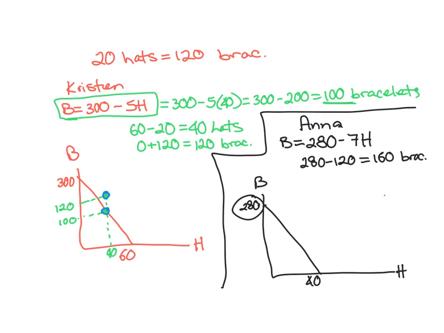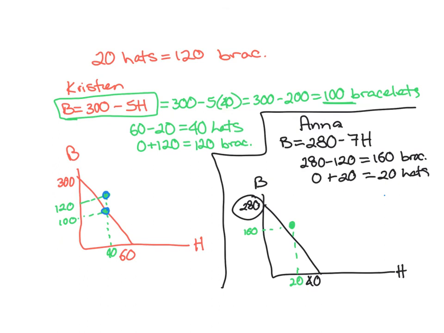So she ends up with 160 bracelets. And she didn't make any hats, but she ended up trading for them. So she got 20 hats from Kristen. So she ends up with 20 hats. So something like this. So she also ends up outside her personal production possibility frontier.